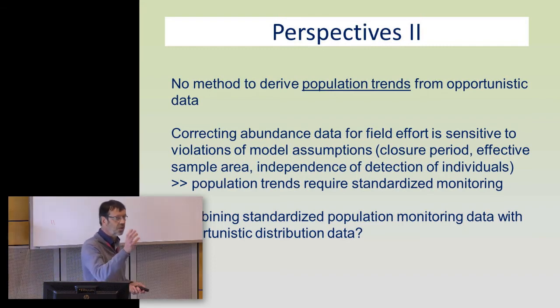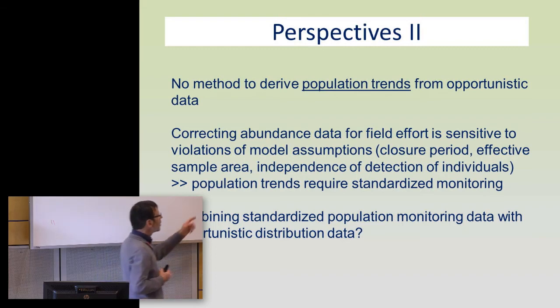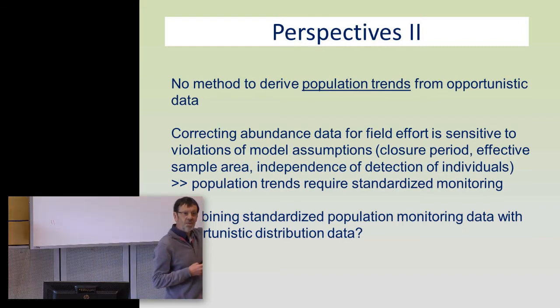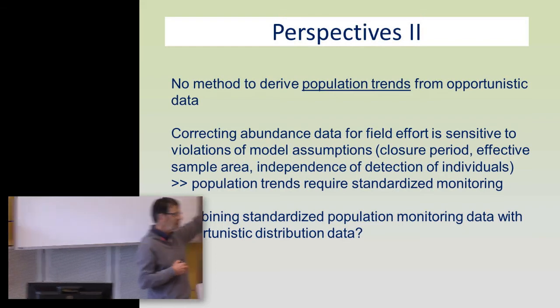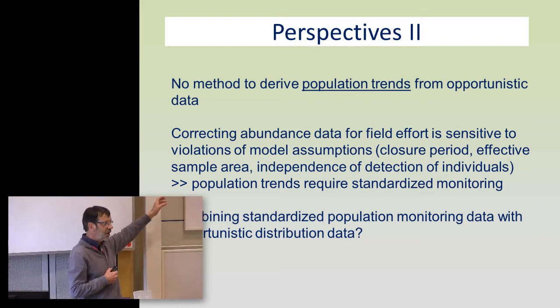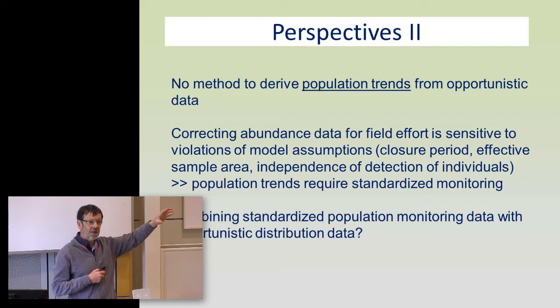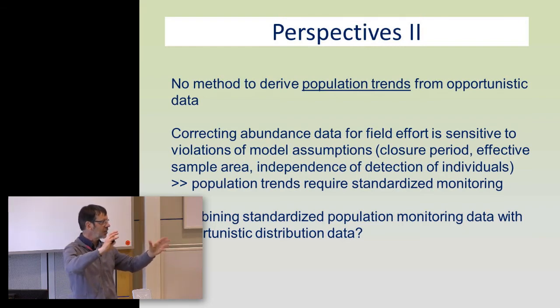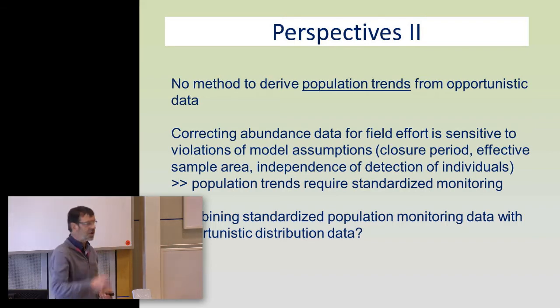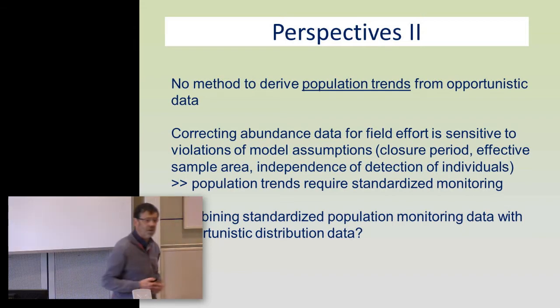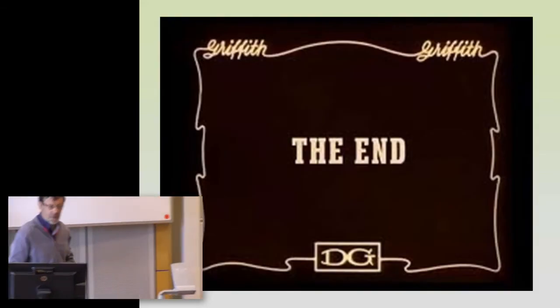I've seen several examples already where people have tried to take the standardized population monitoring data and use the design aspects from it, and then take the opportunistic data and learn from each other in these data, to make a model where both data were used, which could lead to much more detailed maps and trends, etc. So I think this is a really interesting issue for the future. Okay, thank you.